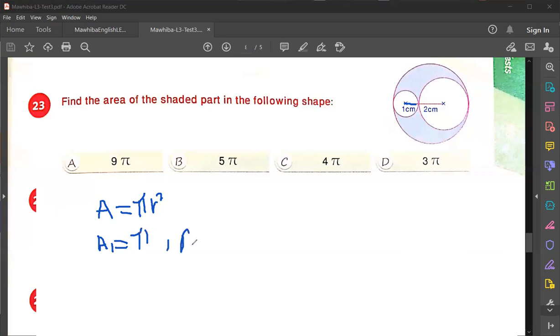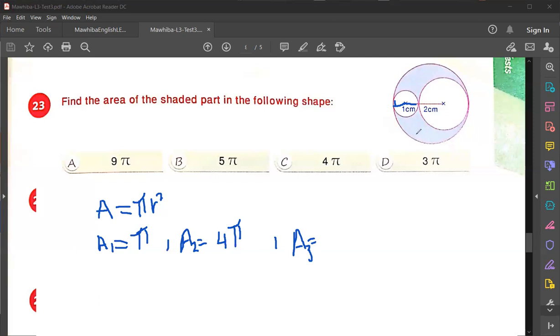And the second one, the radius is 2, so the area is 4 pi, right? Because of radius squared. What about the big one? Also the same, pi r squared.